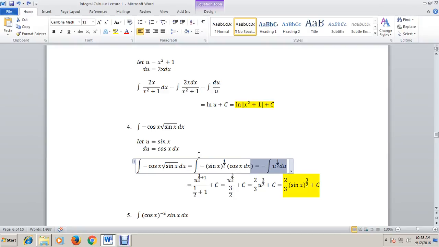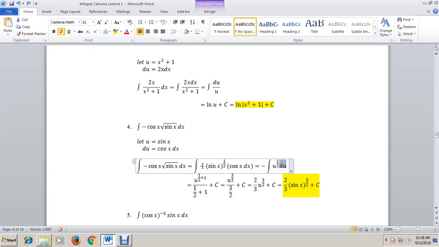I have done so because du is equal to cosine x dx. So if we attach cosine x with dx, that represents our du. This arrangement can be written in terms of u and du as negative integral of u raised to 1/2 du.